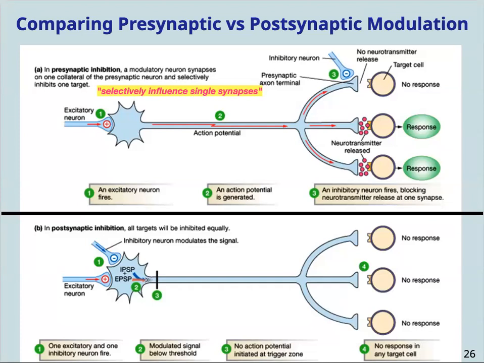The advantage of presynaptic facilitation and inhibition is that they selectively influence single synapses rather than the entire neuron. So what do I mean by that? Well, let's take a look.